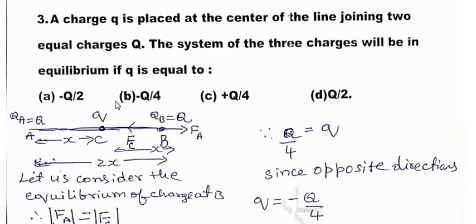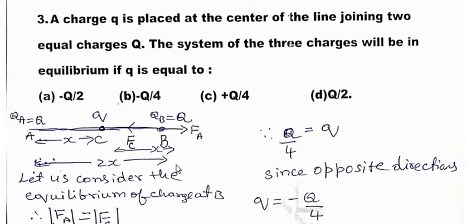The system of charges are said to be in equilibrium if the net force acting on each charge is 0. That means the force acting on the charge at A, or at B, or the net force acting on charge at C. The net force on either of these charges must be equal to 0.